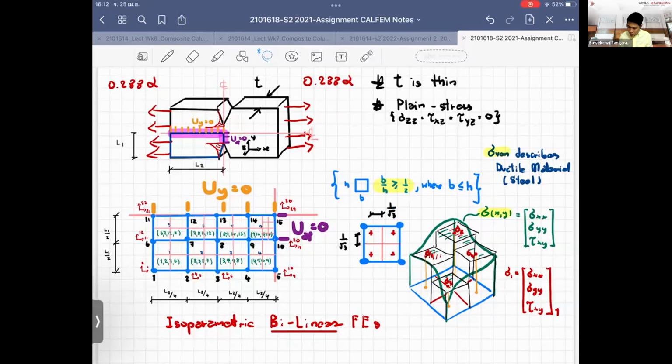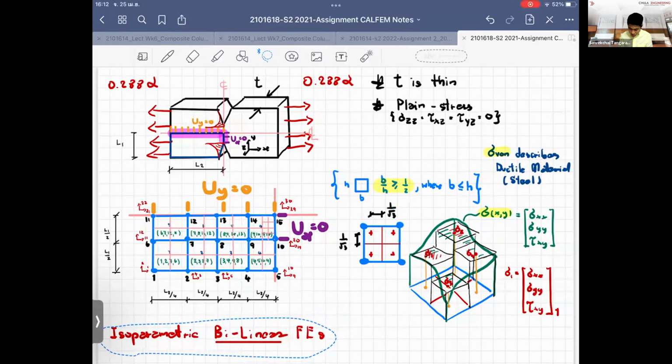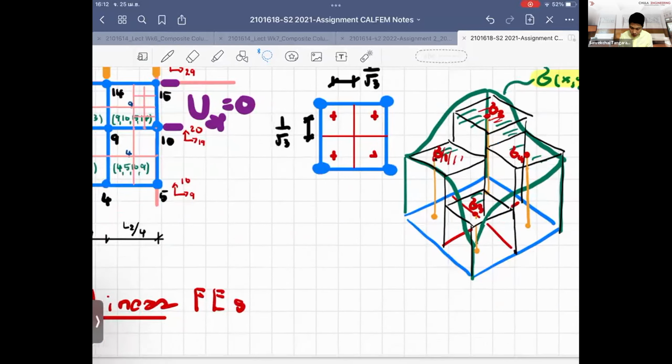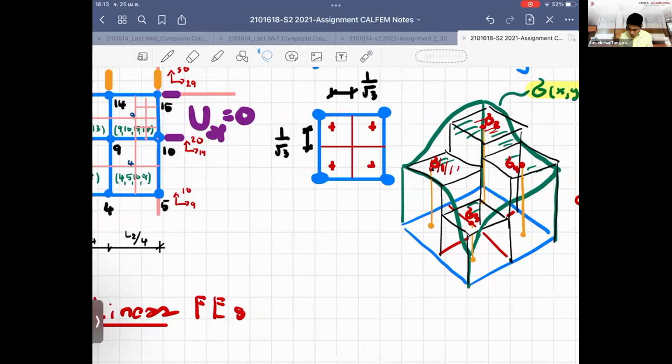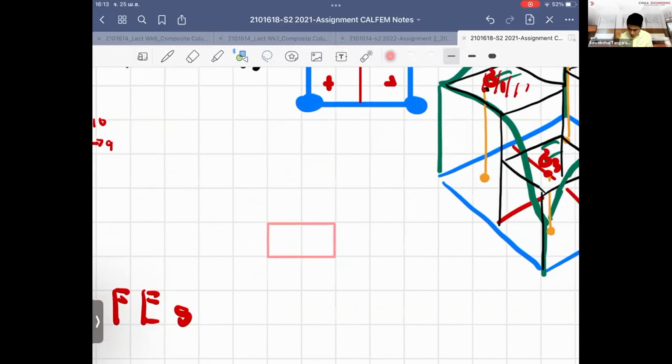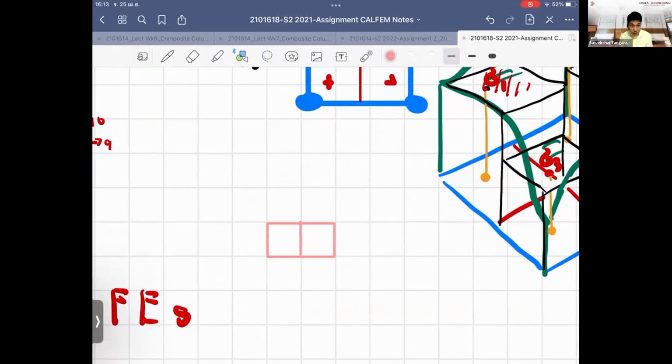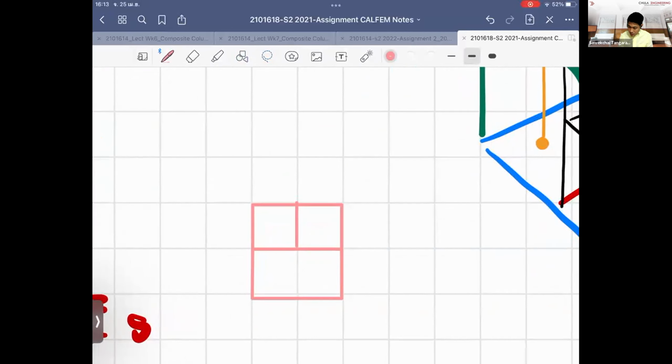So how does the hanging node work? If I take this out and show you, this is an element that we discretize, and we have the nodes.